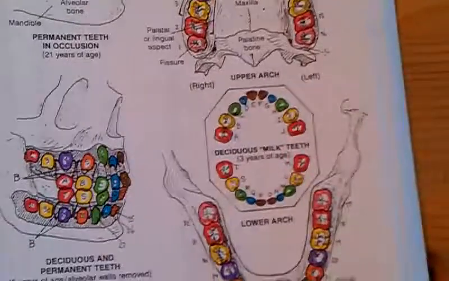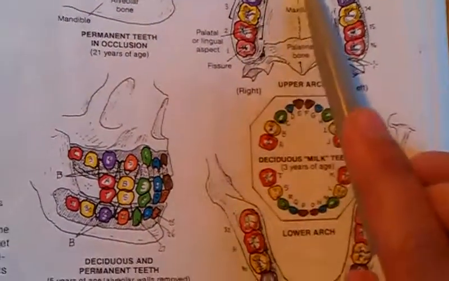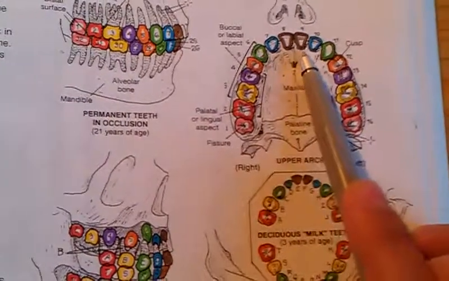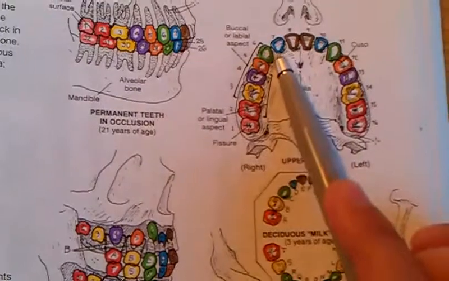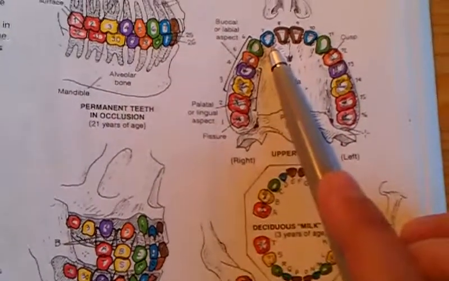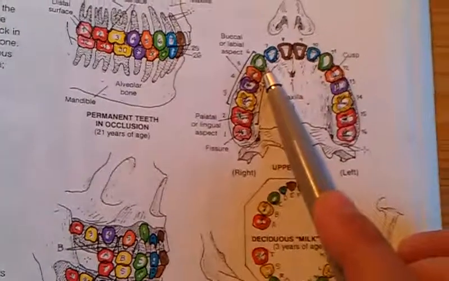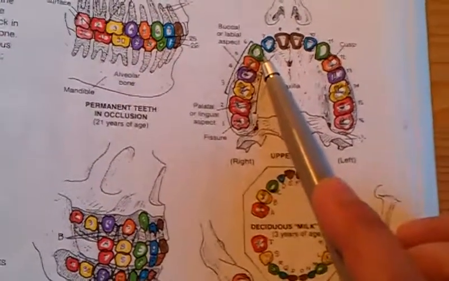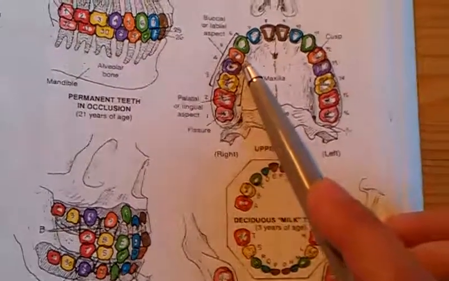And now the permanent teeth. The central incisor shows up at around 6 to 7 years of age. The lateral incisor, 8 to 9 years of age. Canine at 9 to 14 years of age. First premolar, 9 to 11 years.